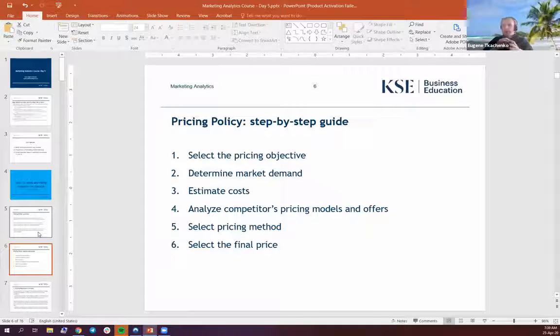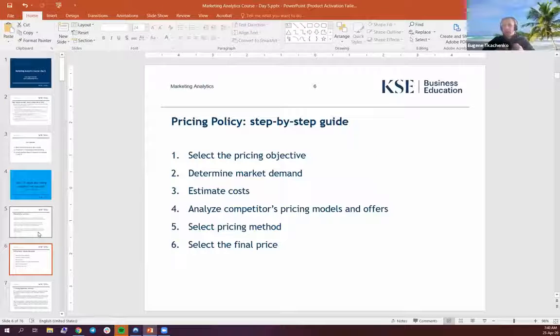The way that the pricing policy works, kind of like the instruction, we start first of all with a pricing objective. Then we determine market demand. Then we estimate costs, analyzing competitors' pricing models and offers. Then we select a pricing method, adjusting that according to our overarching pricing strategy.